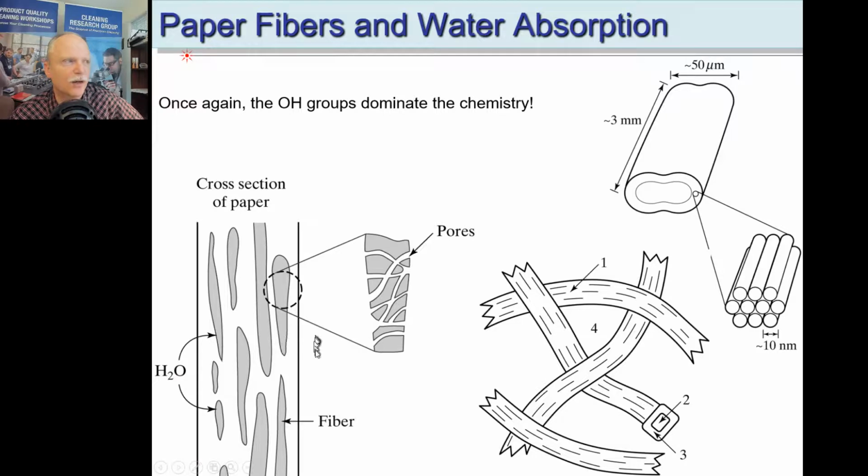And so that's why paper fibers absorb water so well, because if you think about the cellulose, like I said, it's just covered in OH groups, and those will hydrogen bond to other OH groups, and especially water. So you can take these paper substances, make towels out of them, and so on, and they're just great for absorbing water.